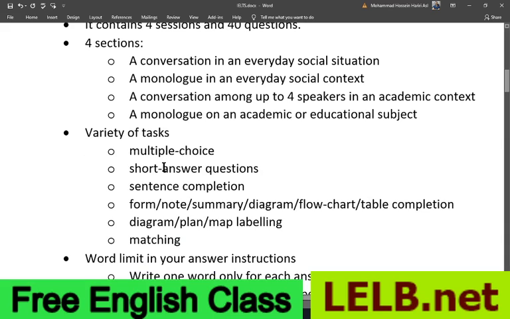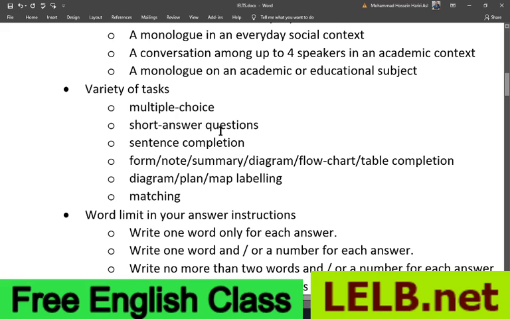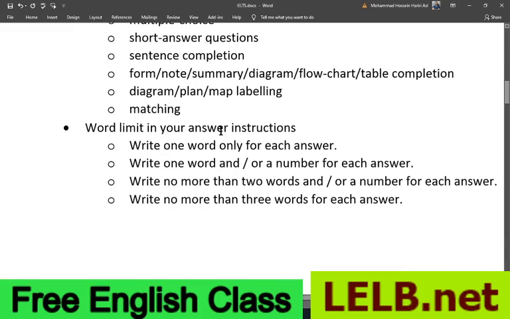So what about the variety of tasks? There is multiple choice, short answer questions, sentence completion, form, note, summary, diagram, chart, table completion, diagram, plan, map labeling, and also matching. That's why there are a variety of instructions. Sometimes you need to write just one word, 2 words and a number, 3 words, and so on and so forth.